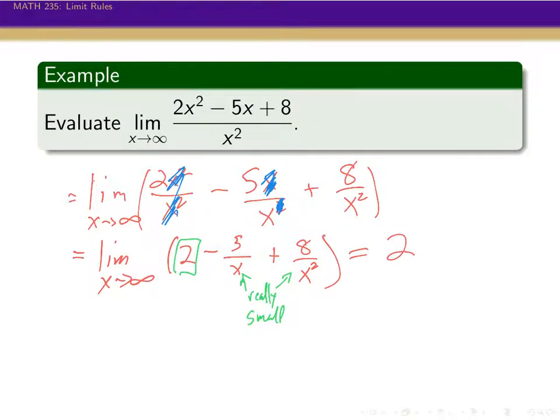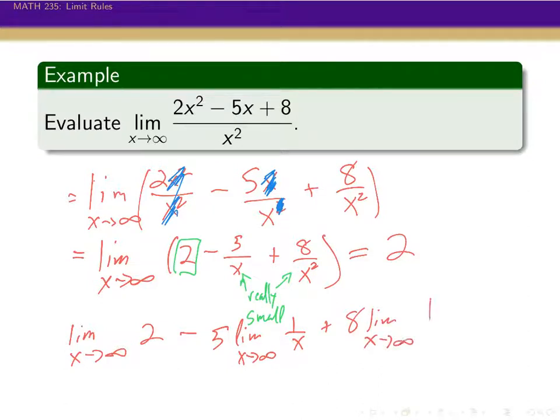What we're really doing here is breaking this limit up: taking the limit of 2, minus, pulling the 5 out, the limit as x goes to infinity of 1 over x, and then pulling the 8 out, the limit as x goes to infinity of 1 over x squared.